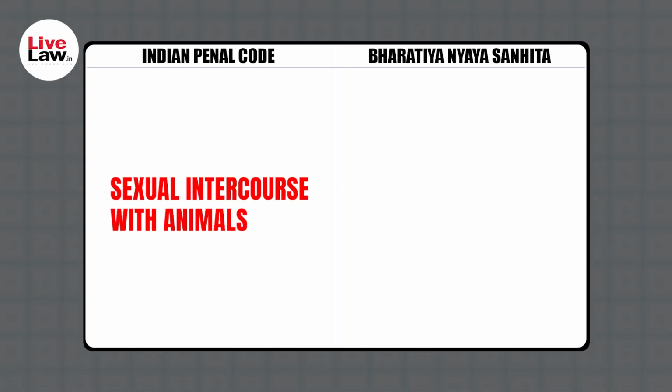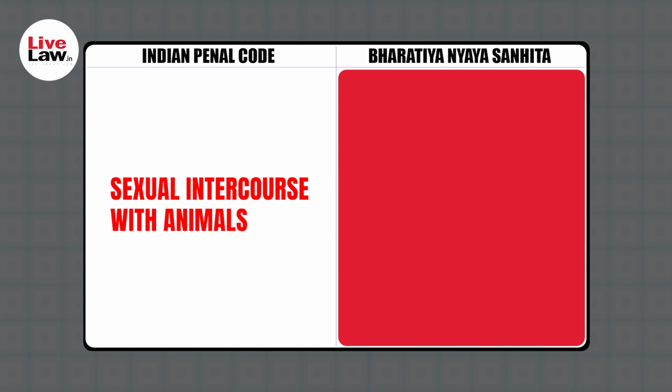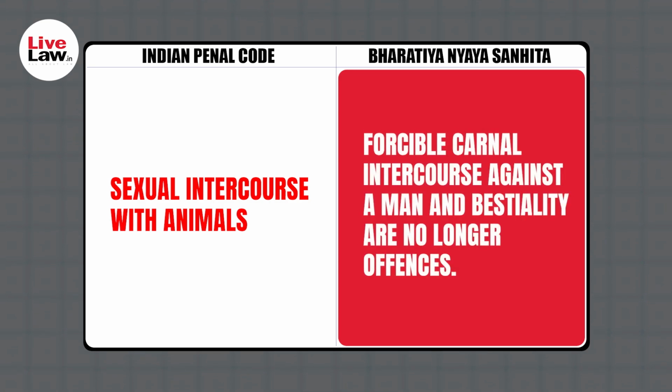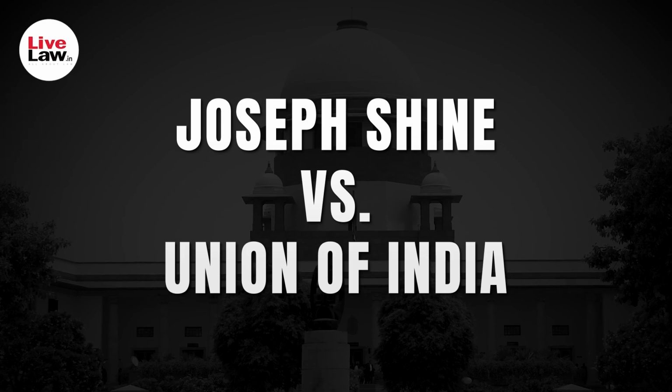However, forced intercourse with an adult male and bestiality, that is, sexual intercourse with animals, was an offence under the IPC. But the BNS has completely deleted the offence, implying that forcible carnal intercourse against a man and bestiality are no longer offences.